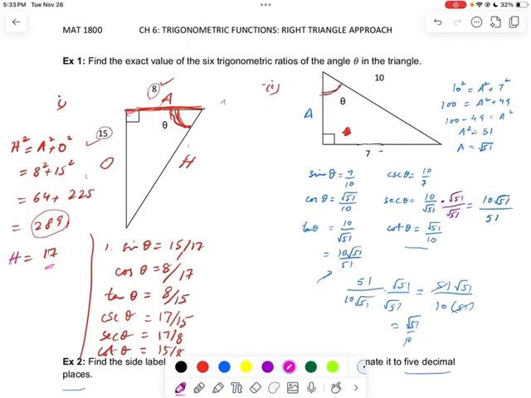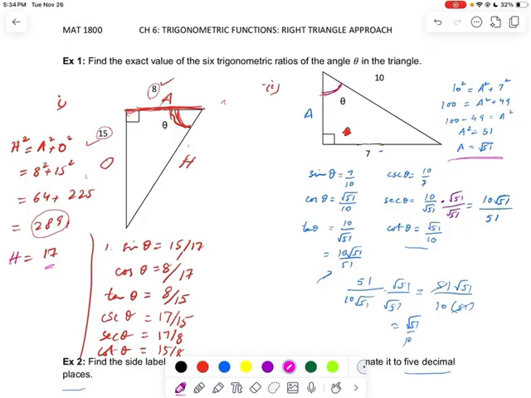Since we need to find all 6 trigonometric ratios, we need to know the length of all 3 sides. We can find the length of the hypotenuse by using the Pythagorean theorem, and we end up getting h squared equal to 289. The square root of 289 is 17.